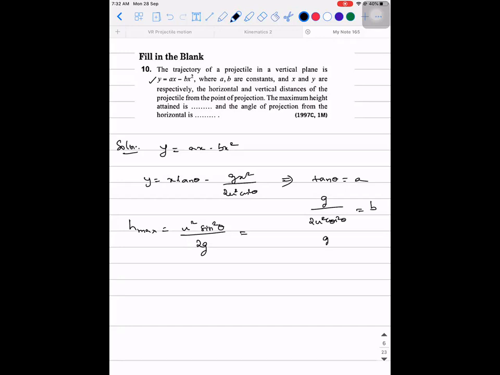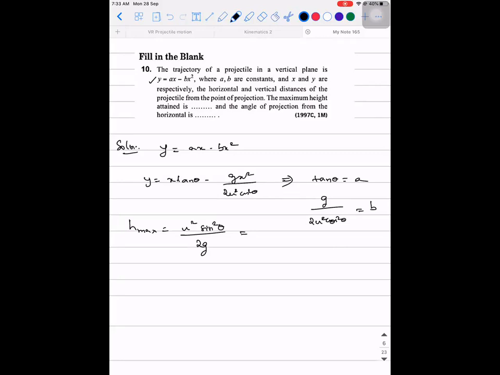So what will you get the value of u square as? Can you find out and tell me fast? 2 cos square theta b by g.